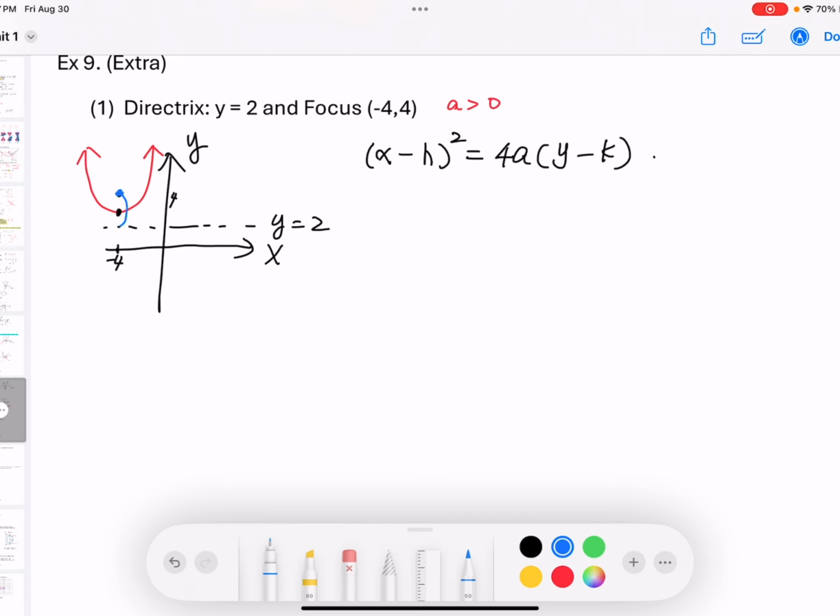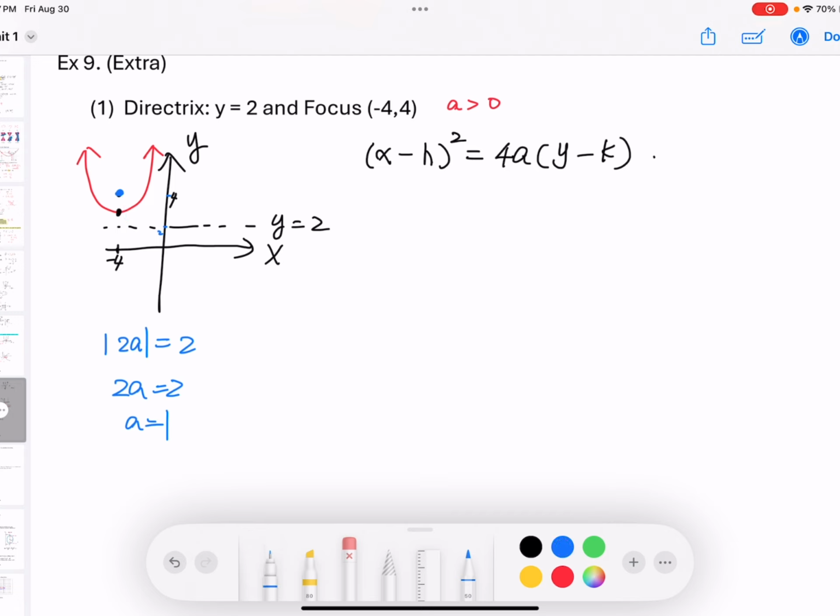We can also say that's the focal width, or latus rectum. So the absolute value of 2a is equal to this distance. The y value is 4, and here is 2, so the distance is 2. A is positive, 2a is 2, so a is 1.